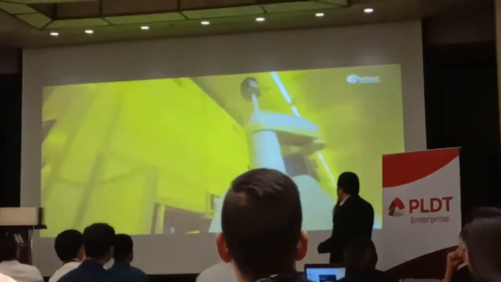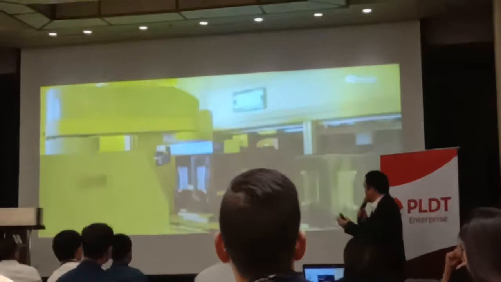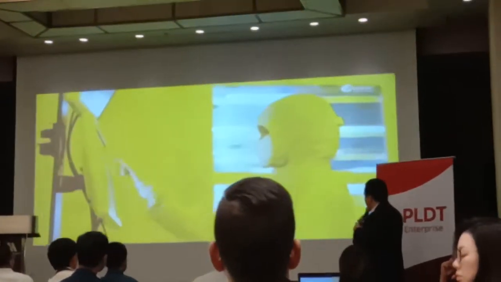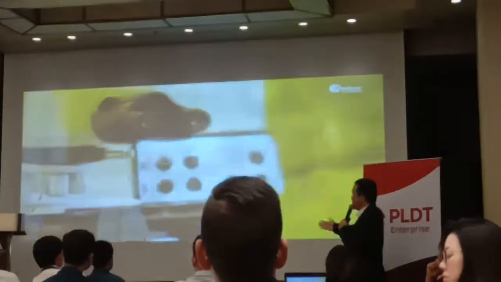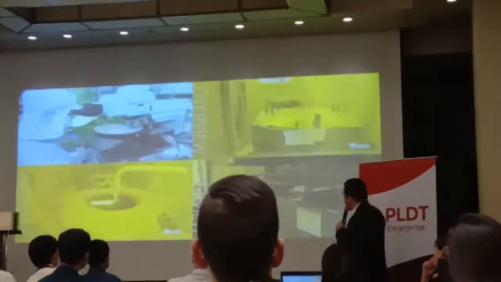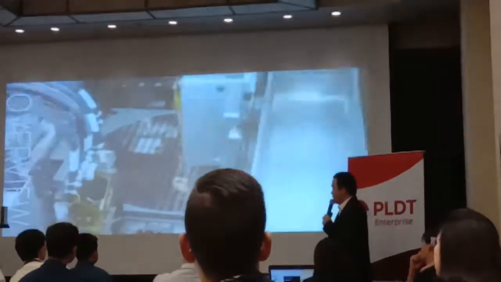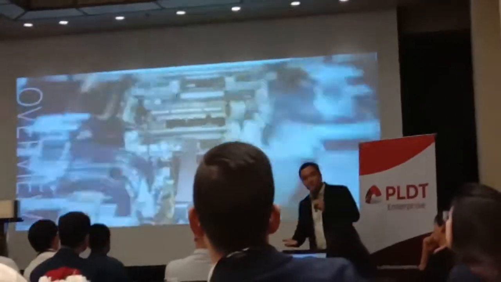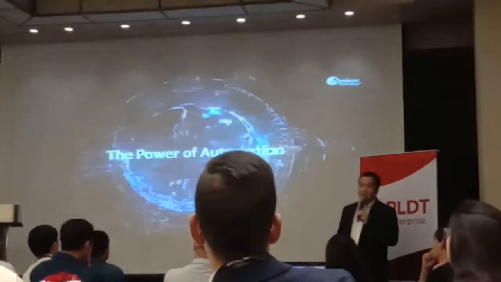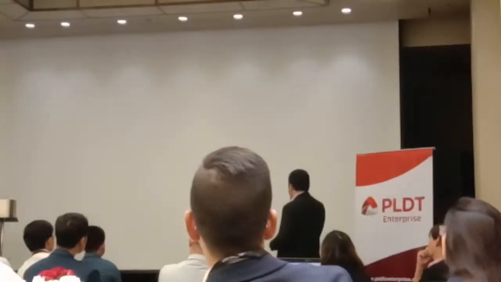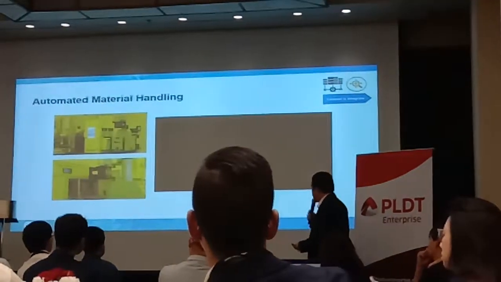We have built in a lot of sensors. So it's transferred from machine to machine, and even provides transportation going to a specific location. With this, we were able to eliminate those issues in terms of material defect, because a lot of these things are created by humans. So that's the power of automation.